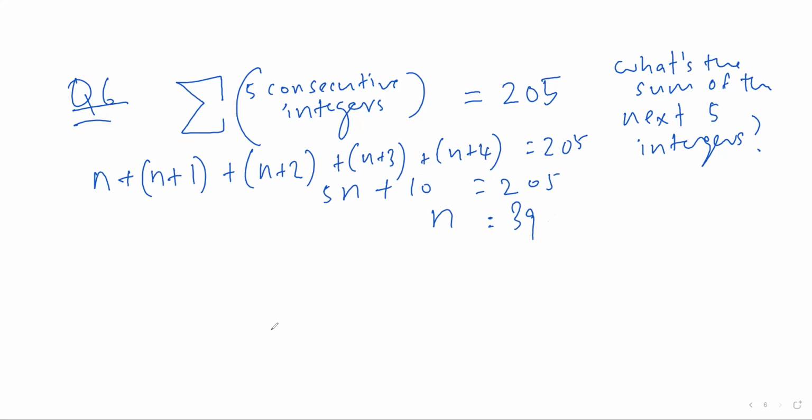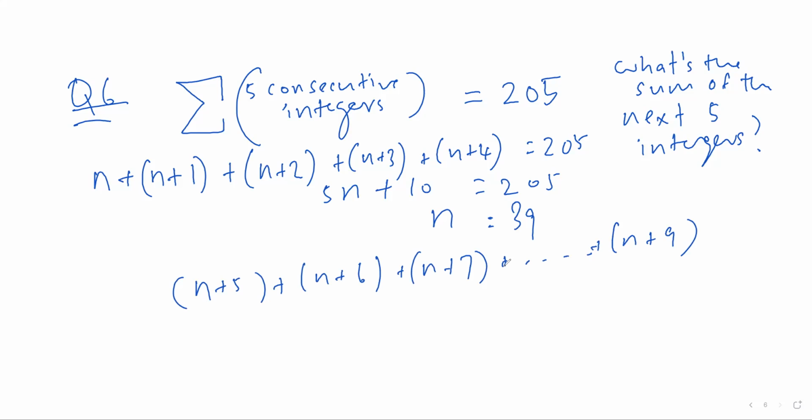So the sum of the next 5 integers is n plus 5, plus n plus 6, plus n plus 7, plus n plus 8, plus n plus 9. That would be 5n plus 5 plus 6 plus 7 plus 8 plus 9, which is 11, 18, 26, 35.